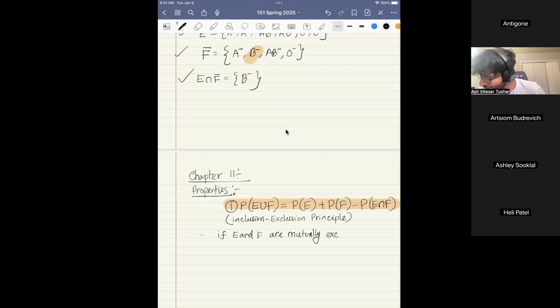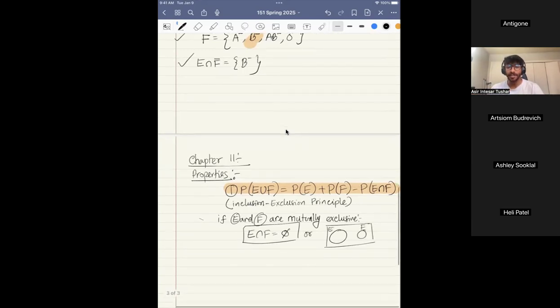Do you guys remember what mutually exclusive was from Monday? Arsham, do you know what is mutually exclusive? It's all good. Mutually exclusive was if they don't have any common element. So if we draw a picture, E and F, they don't have any common element.